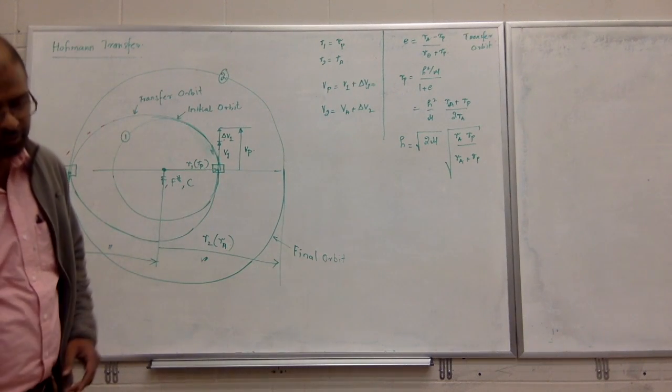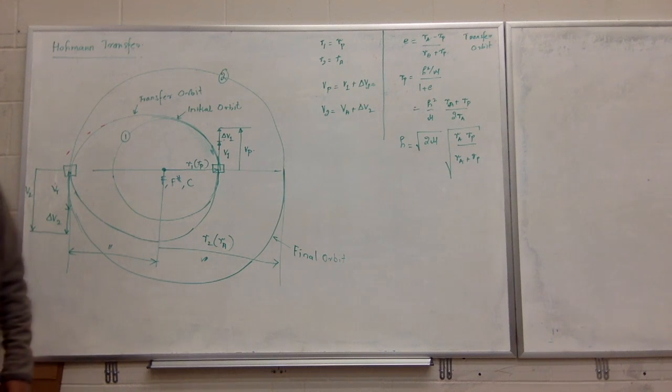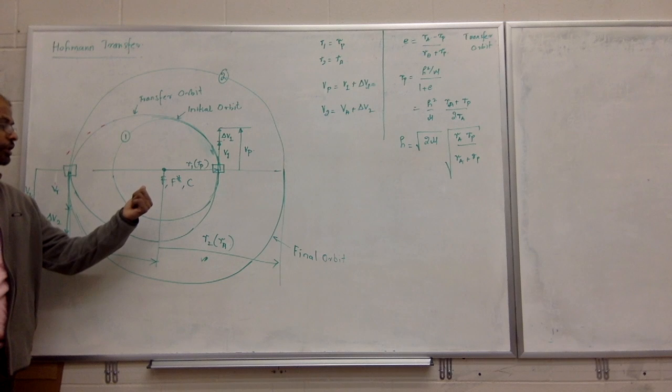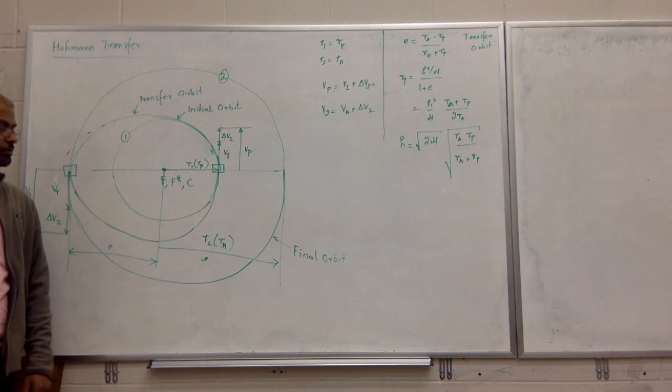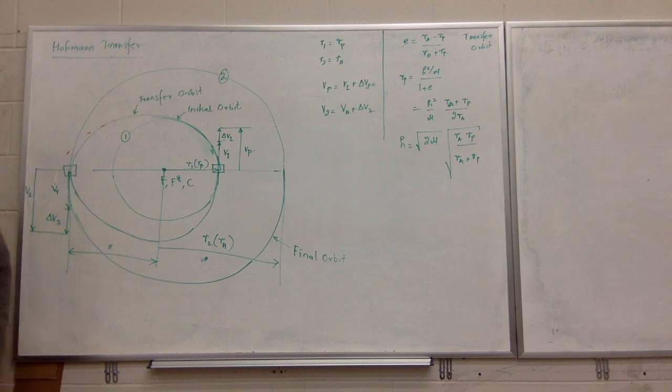Here's your test, and this will tell me if you're following this material. Where is the angular momentum vector of these three orbits? What direction is the angular momentum vector?